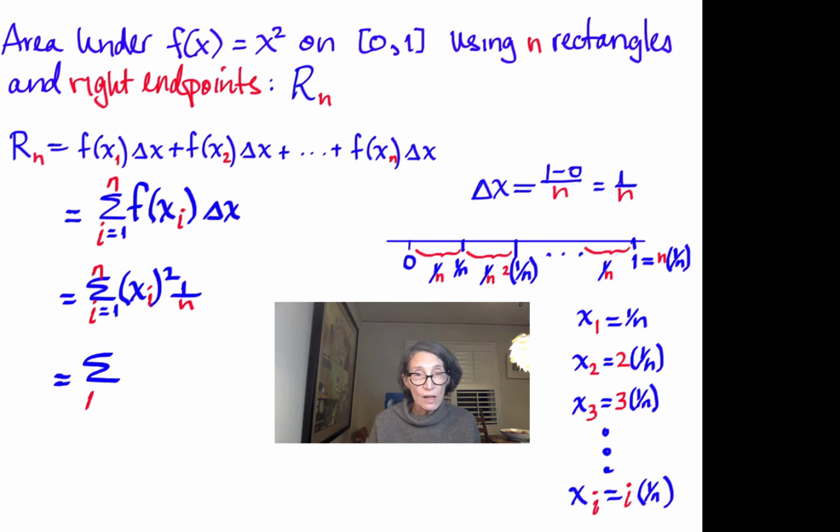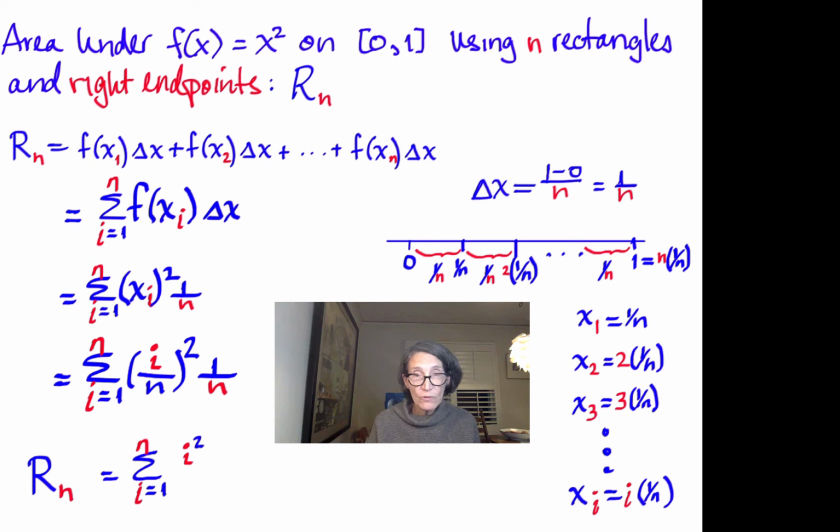So it's going to be the sum from 1 to n of (i over n) squared times 1 over n. And I can simplify that a little bit. So Rn is the sum from 1 to n of i squared over n squared times n.